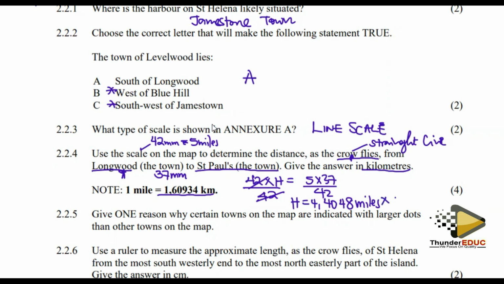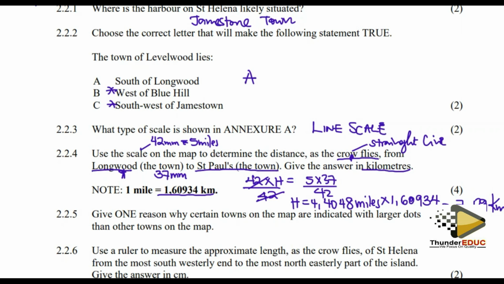We shall multiply by 1,60934, which will give us 7,09. These are kilometers. All right.